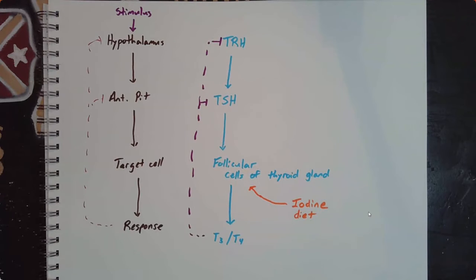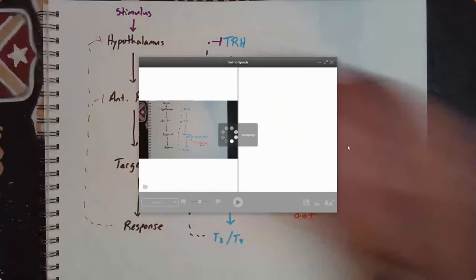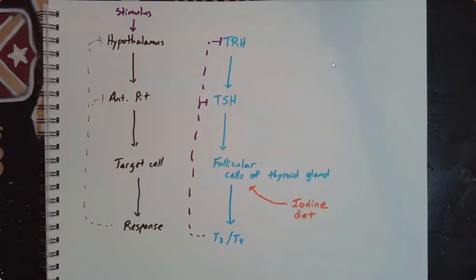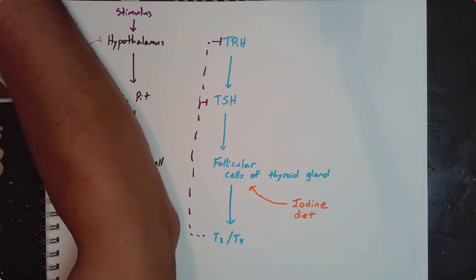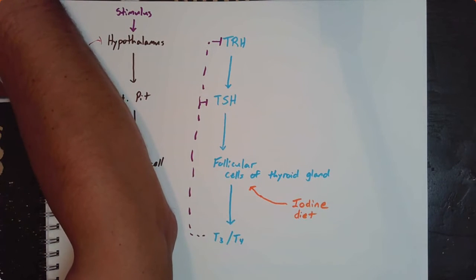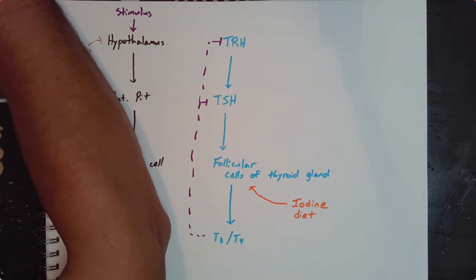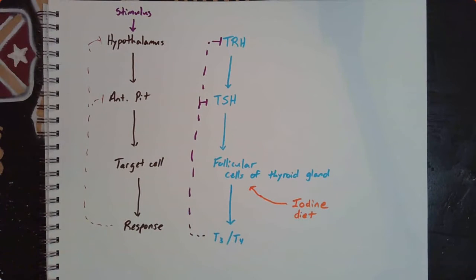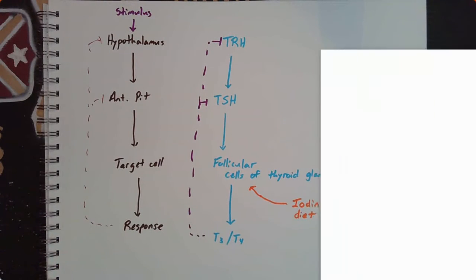Iodine is in soil. This is an important one for everybody to understand: iodine is in soil. Oops, I didn't want to do that. Text to speak? Go away. I'm going to see if there's something that exists out there. Oh, there is. I figured there would be.